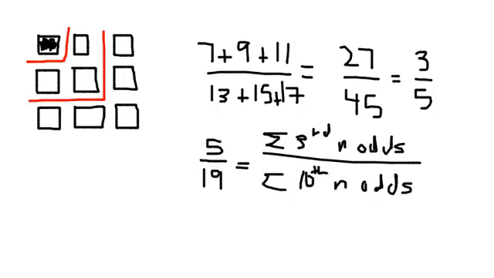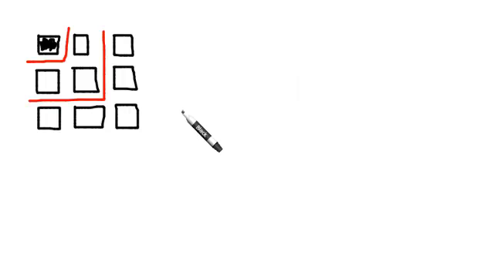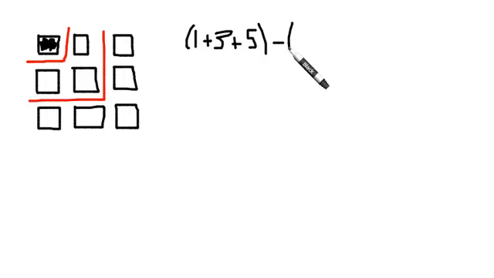All right, so this is one really nice application. Another that we can see pretty quickly is this. Let's say I'm going to start by adding the first 3 odd numbers, but then I'm going to subtract the next 3.